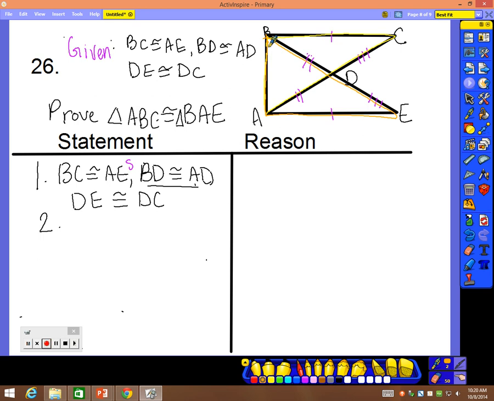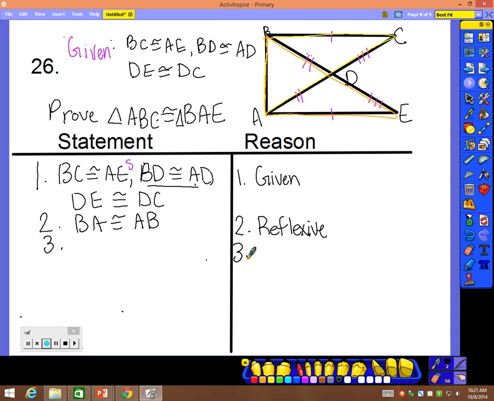In fact, I'm going to put that down right now. I'm going to say that BA is congruent to AB, and that is reflexive, right? And of course my given stuff here, I better get that down. My third, what would my third be? I need to somehow prove that AC is congruent to BE, but I don't have any information on that.